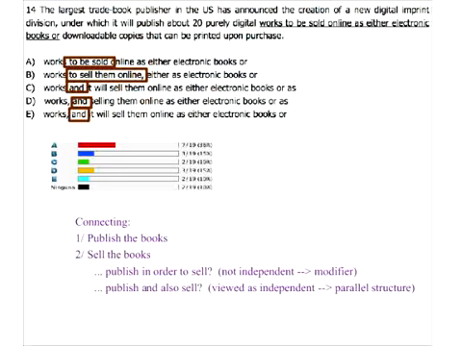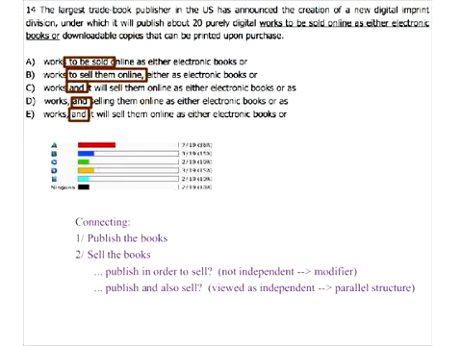Because if I say that a company publishes books and also sells them, then that is totally legit. But if I say a company publishes books in order to sell them, then that's also legit. It just depends on what the company means. So, copies that can be printed upon purchase, not really, because that's what the consumer does. So that's not really relevant.